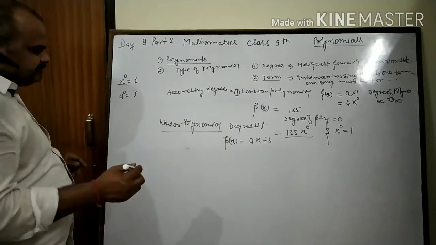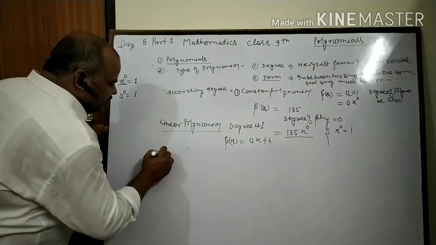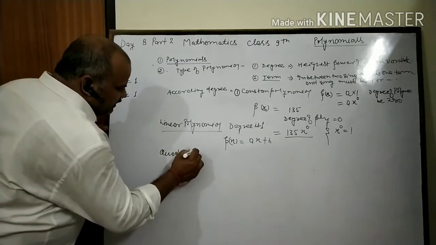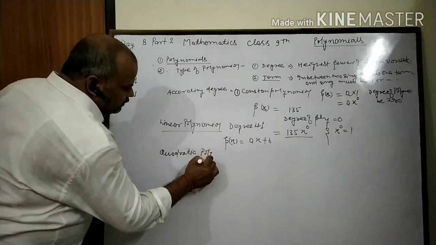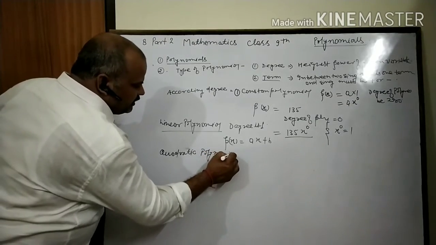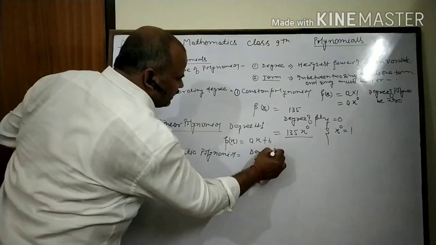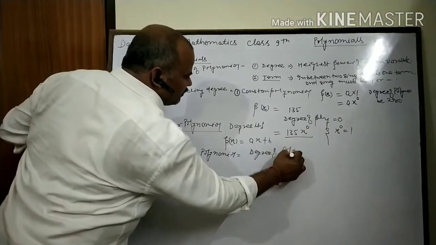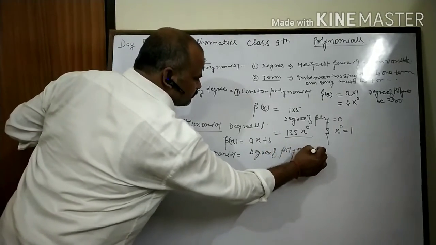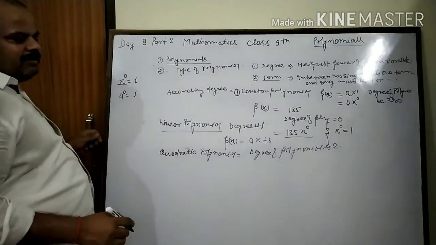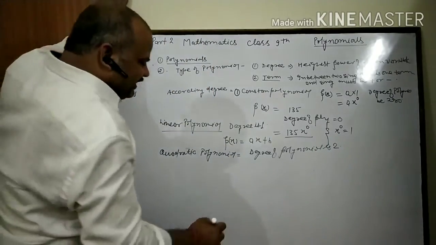In the same way, quadratic polynomial. If the degree of the polynomial is 2, it is called a quadratic polynomial or second degree polynomial.